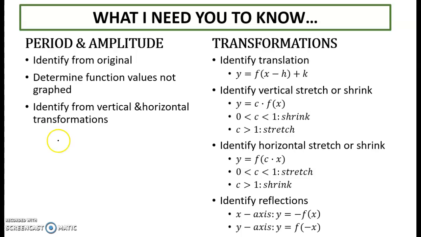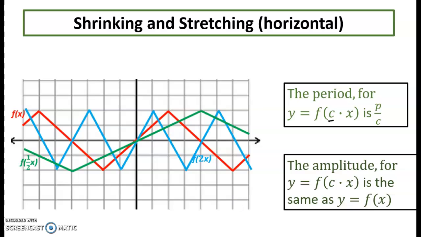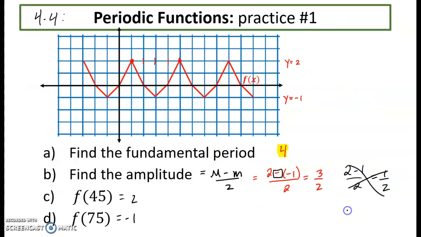So when we dilate the figure, depending on if it's a vertical dilation or a horizontal dilation, they'll affect the period or amplitude. Okay, and those are in your notes here. So that's what I mean on these general notes that I gave you.